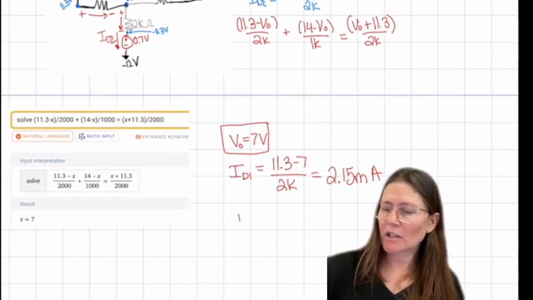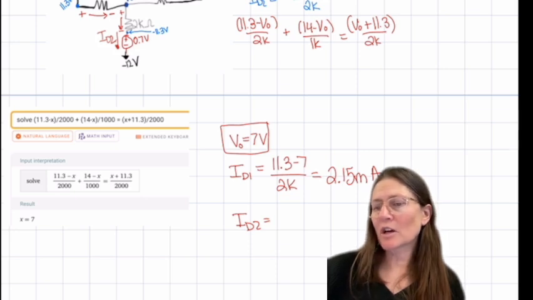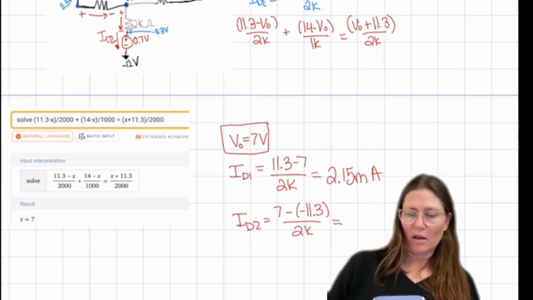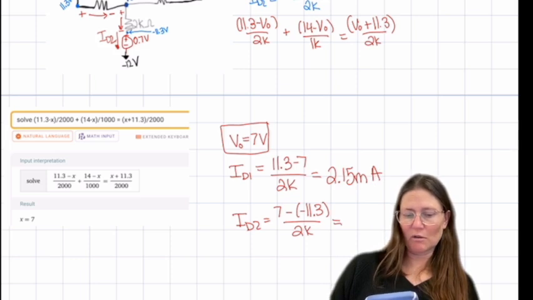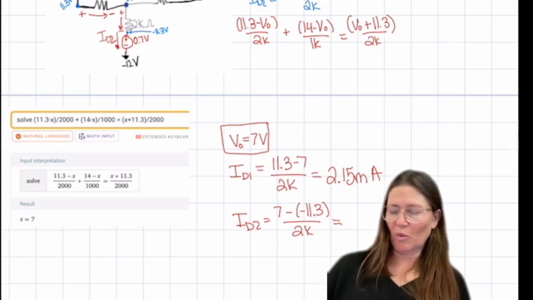And then ID2 is the V0, which is 7, minus minus 11.3 over 2K. So that gives me 7 plus 11.3, which is 9.15 milliamps.